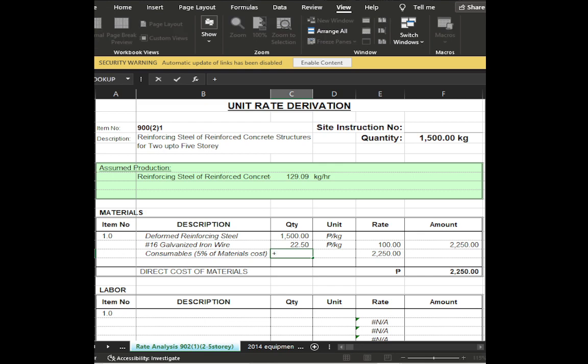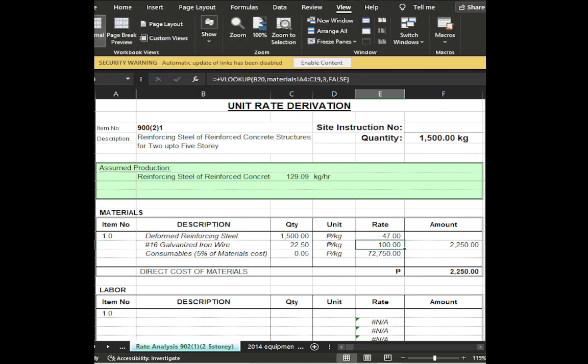So 5% or 0.05 of the total. The rate per kilogram of this one for reinforcing steel is 47.